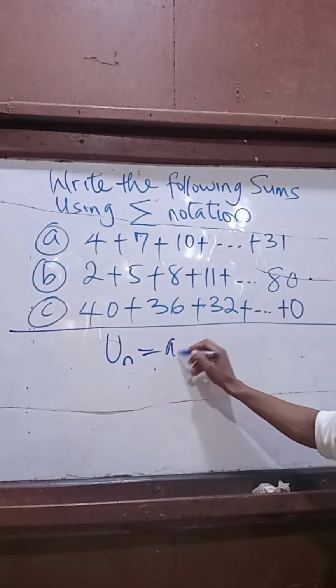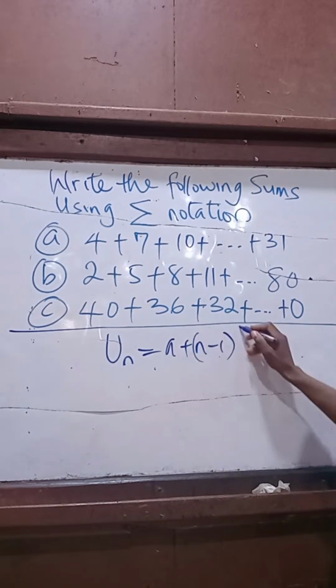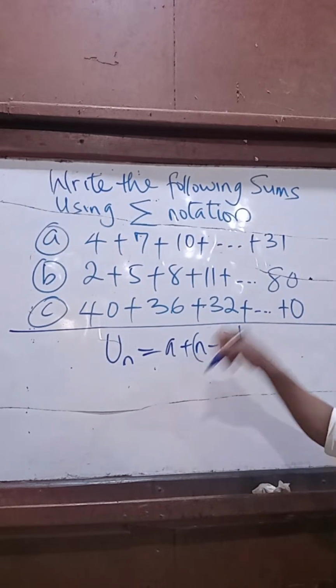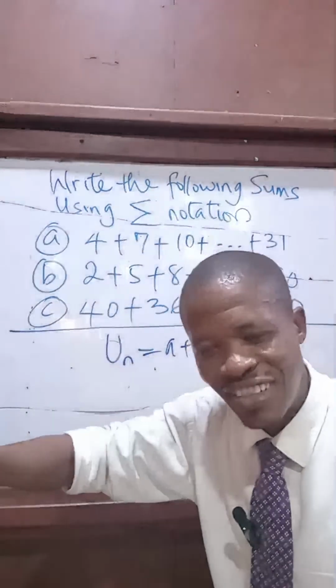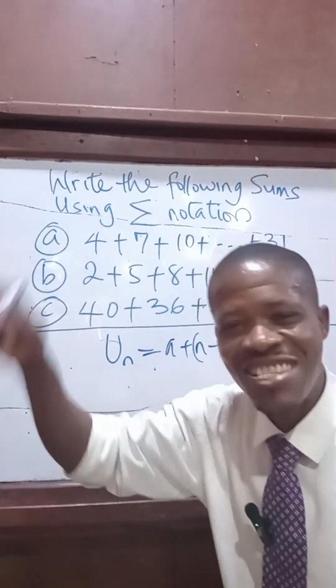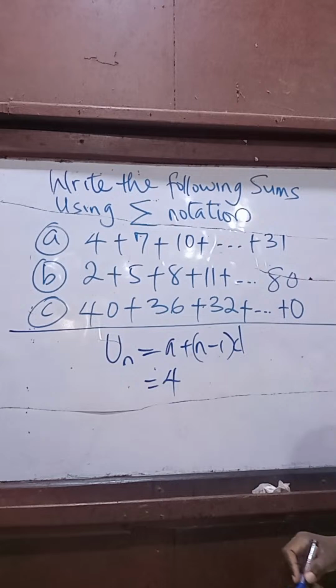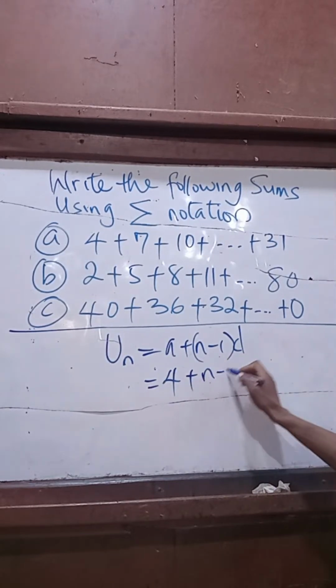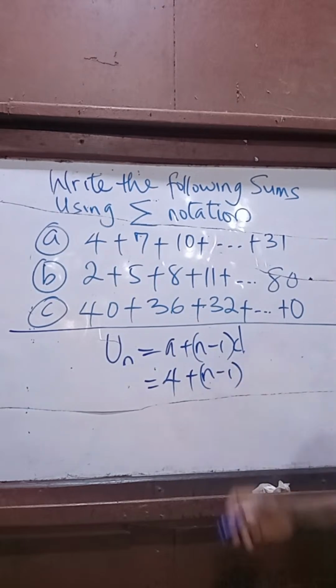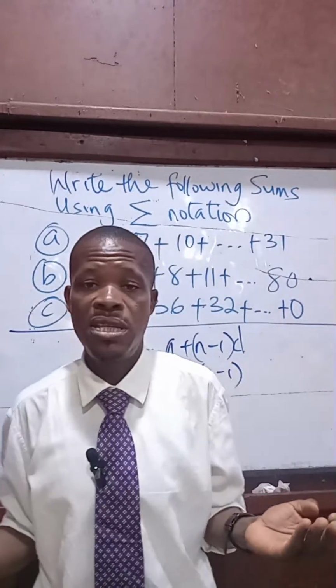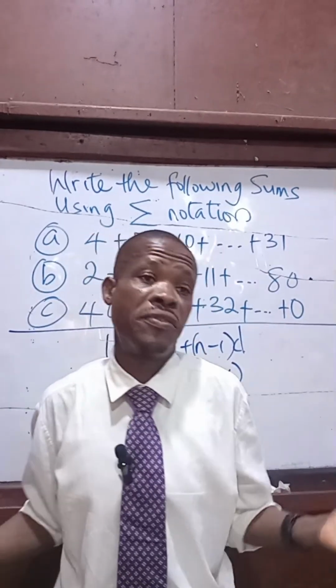And we have this formula for the nth term. Your a is the first written number, and that'll be 4. Plus, I don't know the n. The d, since it is an arithmetic series, is the common difference.